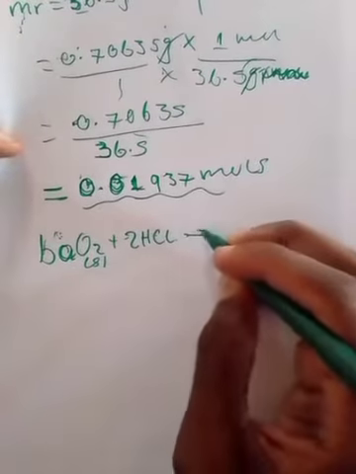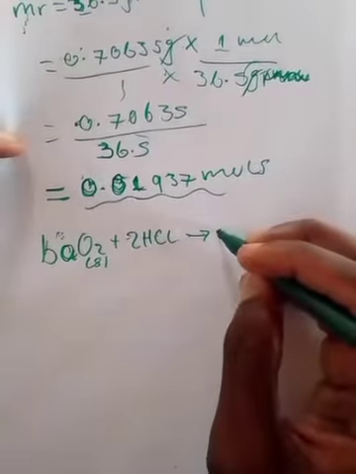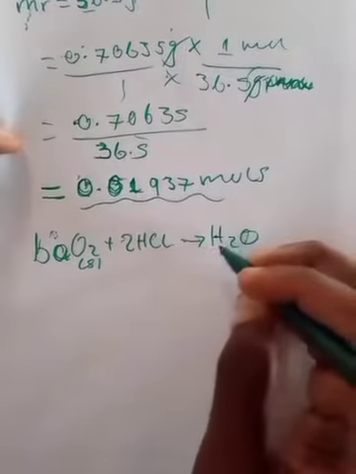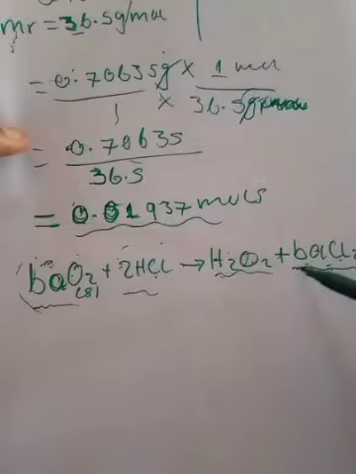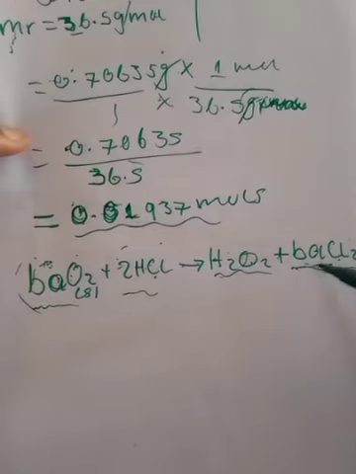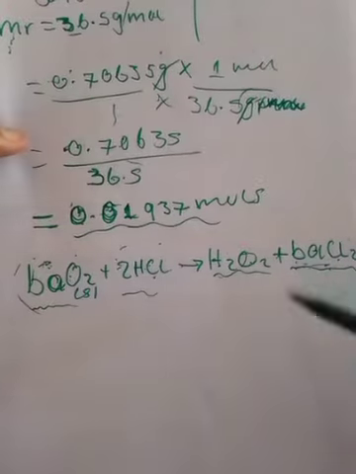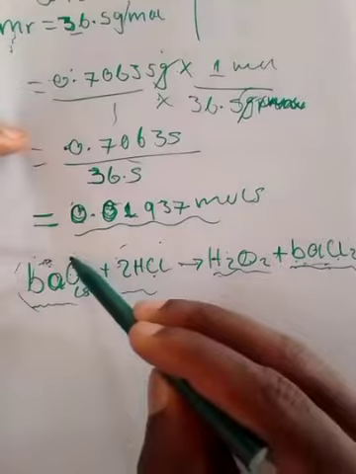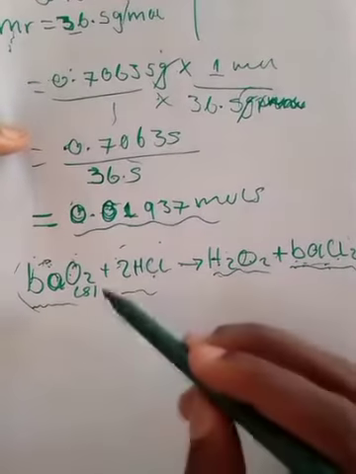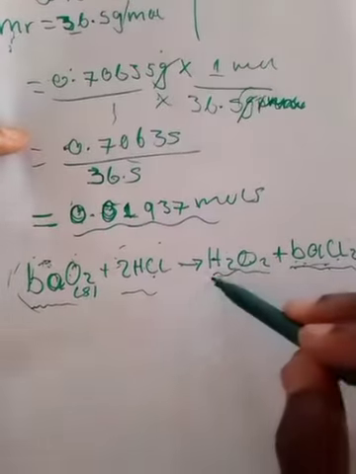Not H2O, this is hydrogen peroxide. And now to find the limiting reagent, remember I said that you need to find the number of moles of a certain product using the number of moles for each, using the coefficients.